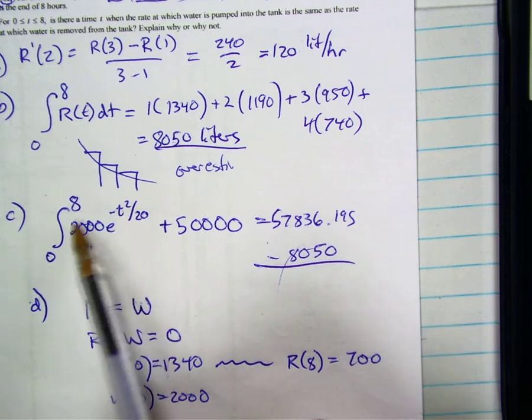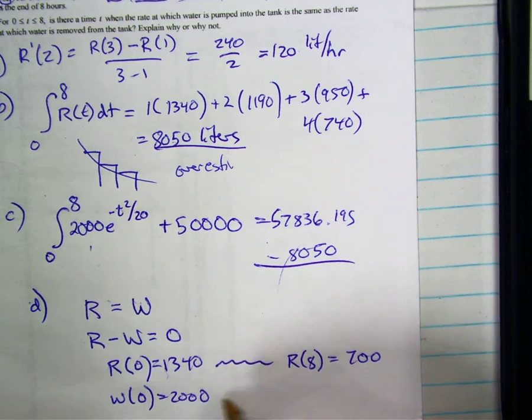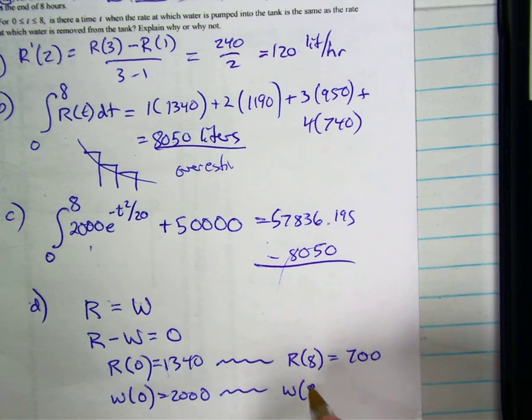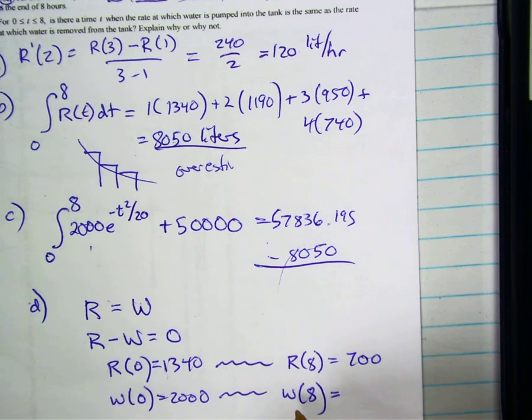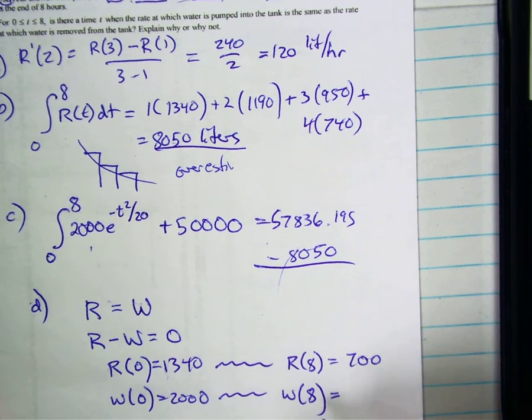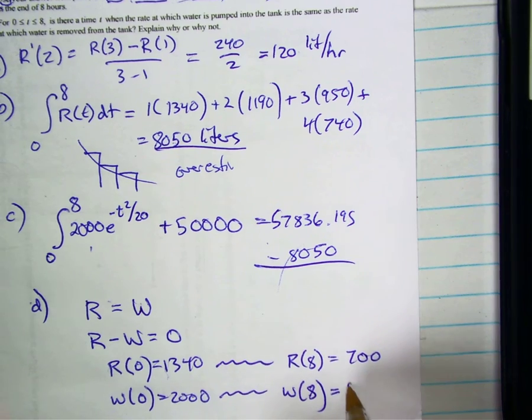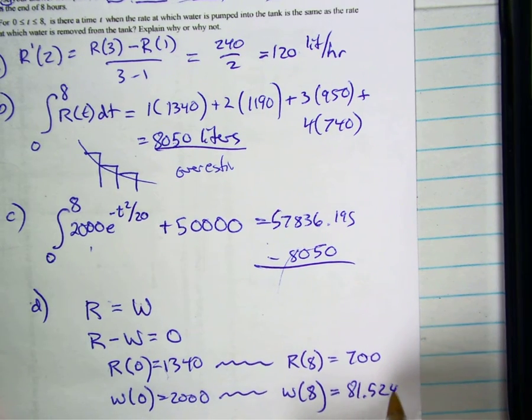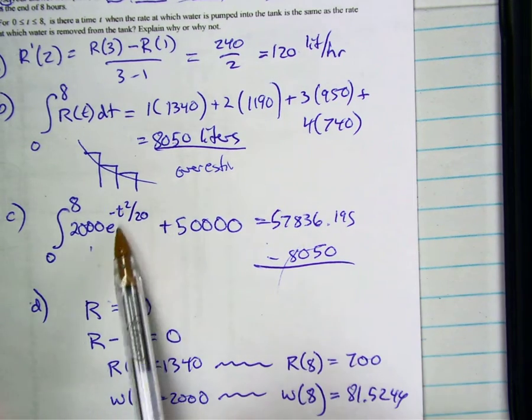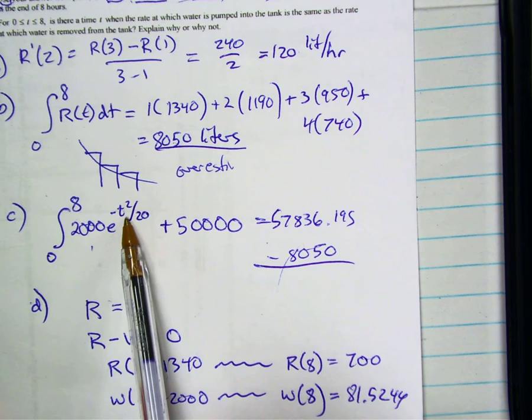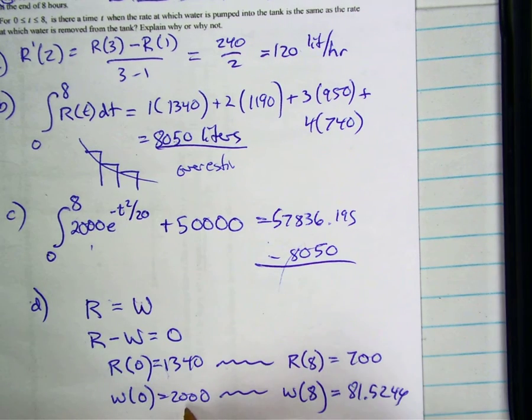If you plug in 0 into this equation right here, you get 2000 e to the 0, just 2000. And W of 8, you can calculate on your calculator, is 81.5244. In other words, I'm plugging in 8 here for this value.